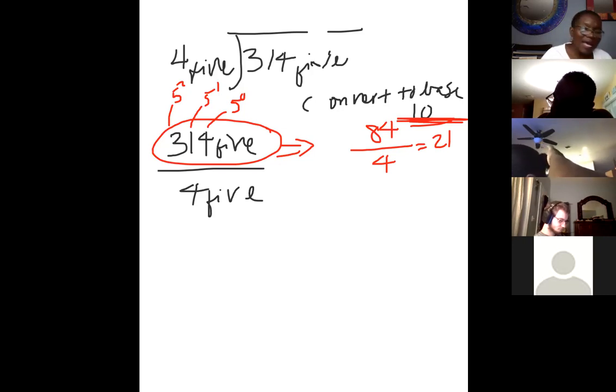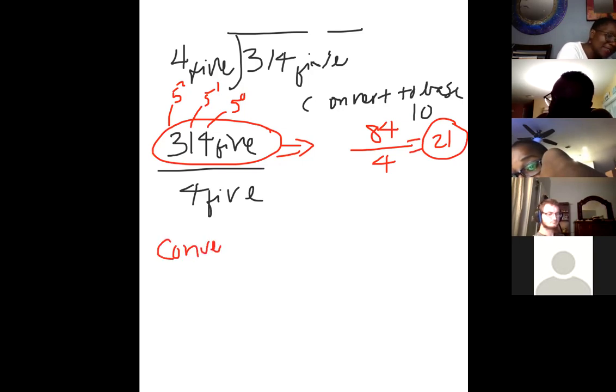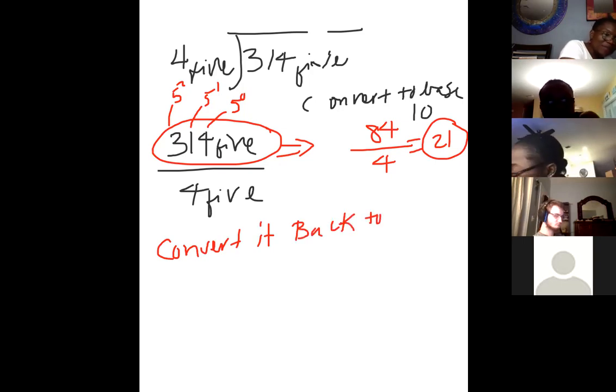So now we got 21 and we are in base 10. Now we're gonna convert it back to whatever base it was in, in this case base 5.